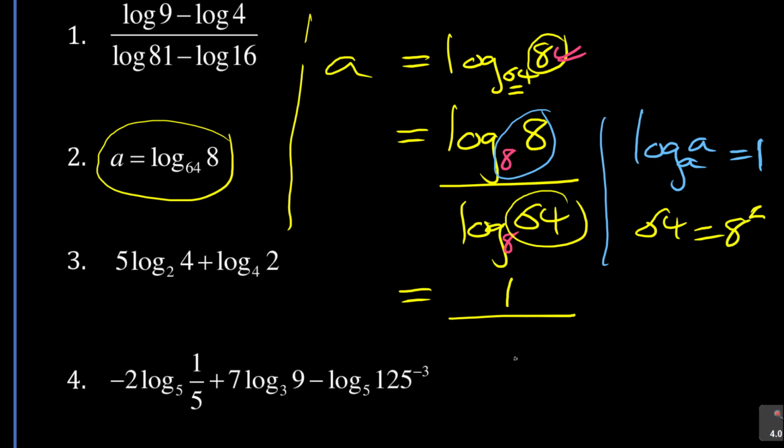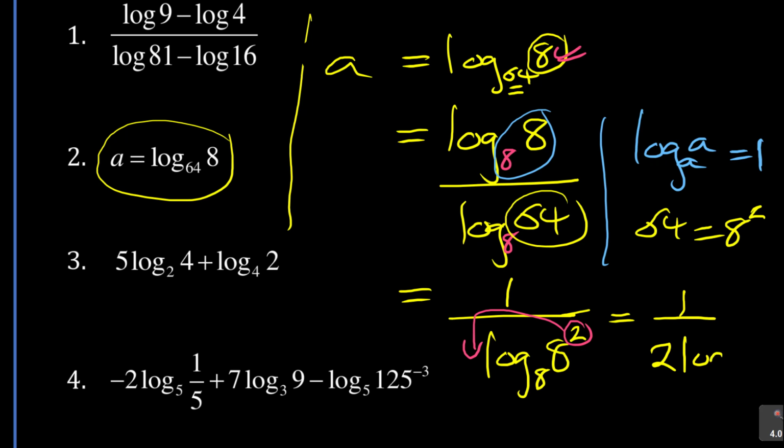So then it's 1 over log base 8 of 8 squared. Back again, when you see the square, what does it do? It drops down. Then what do we have? It's 1 over, now the 2 is down, log base 8 of 8. We are back to that concept now. This becomes a 1, which is 1 over 2 times 1. Hence we got 1 over 2 as the answer.